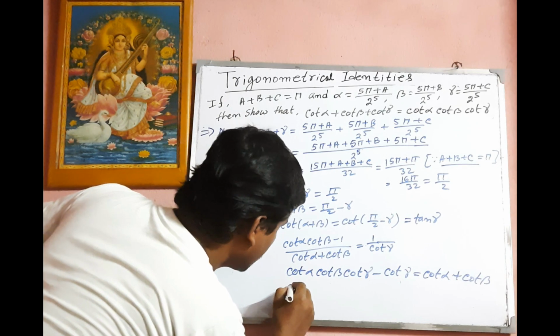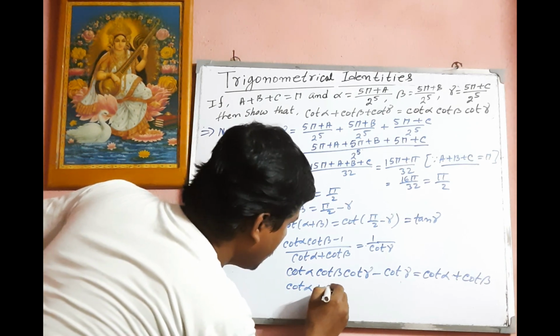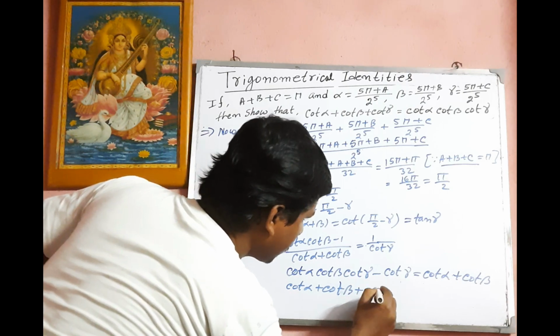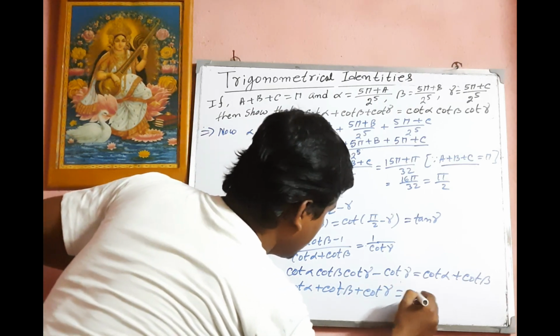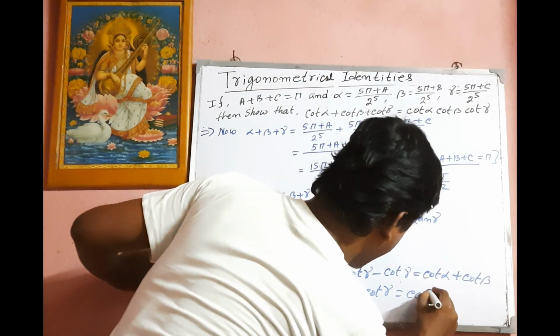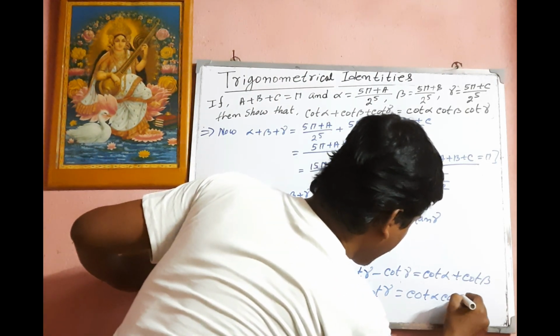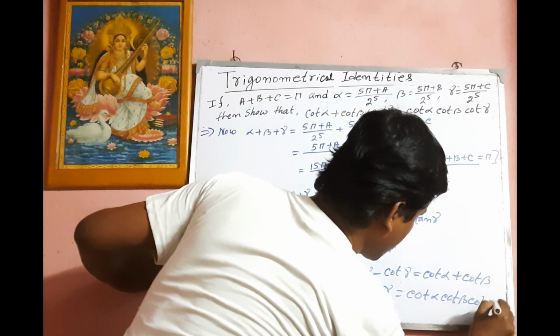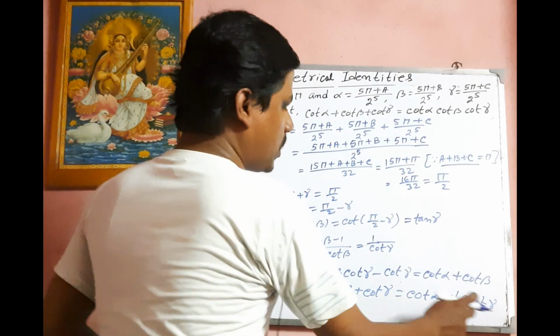So cot alpha plus cot beta plus cot gamma is equal to cot alpha cot beta cot gamma, which is our required result.